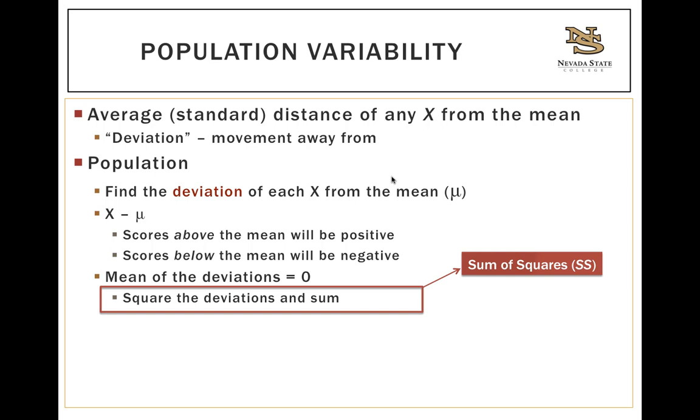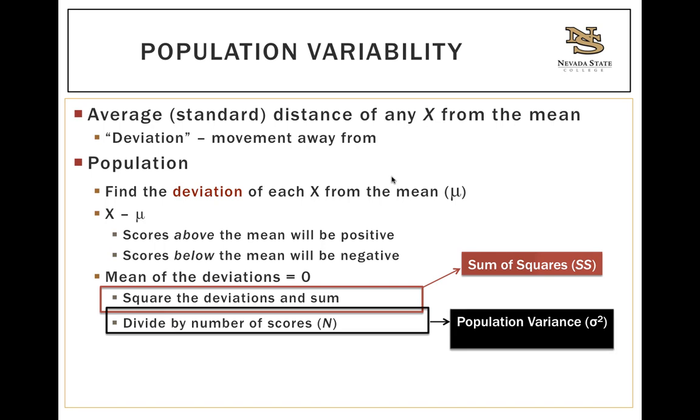The next step in the process is to now divide by the number of scores. In this case, it's represented by capital N because we're working with a population. So now that you've squared your deviations, added them all together, and divided by your N, this step is what we call our population variance.